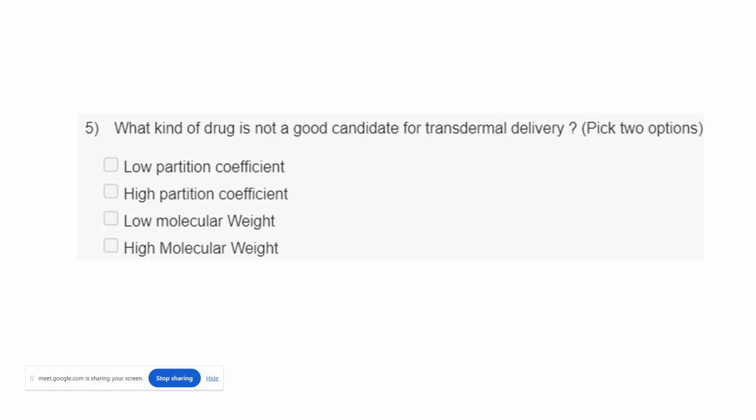This was the fifth question. What kind of drug is not a good candidate for transdermal delivery? And the two correct options here would be low partition coefficient and high molecular weight.